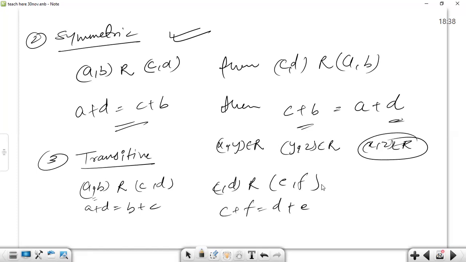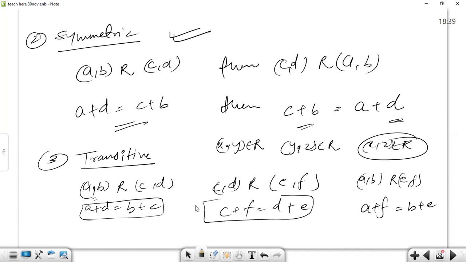Now we have to check whether AB is related to EF or not. For this to be true, we have to prove that A plus F is equal to B plus E. So let's find this from these two equations. First, let's take the value of A from here, which is B plus C minus D. We are solving for the left hand side, taking LHS.